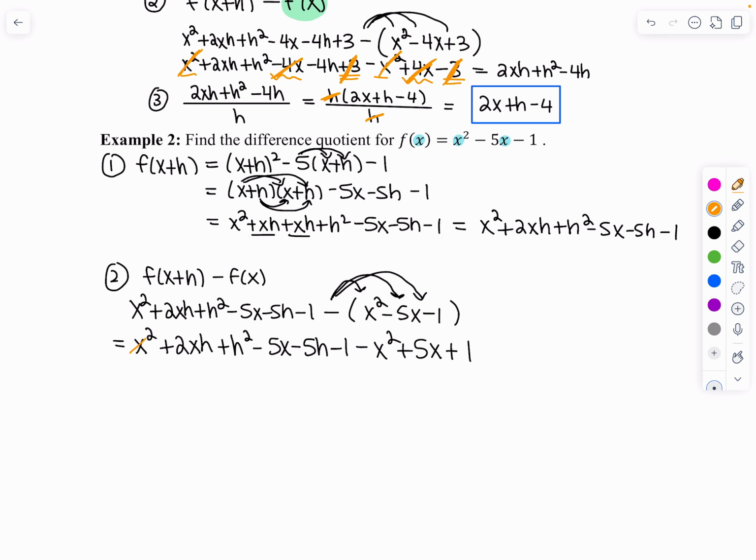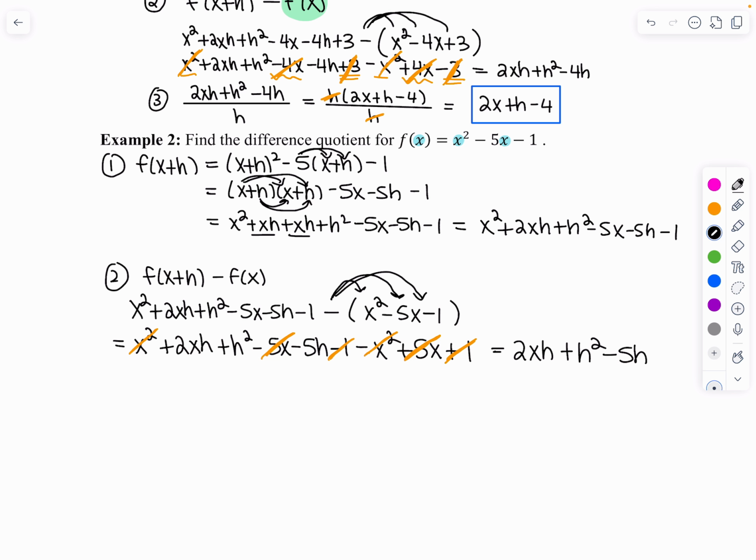I'm going to see here that I can cancel the x squareds because one is positive, one is negative. I can cancel the 5x and the negative 5x, and I can cancel out the 1 and the negative 1. All of those are additive inverses. So I'm left after the difference and the simplifying with 2xh plus h squared minus 5h.